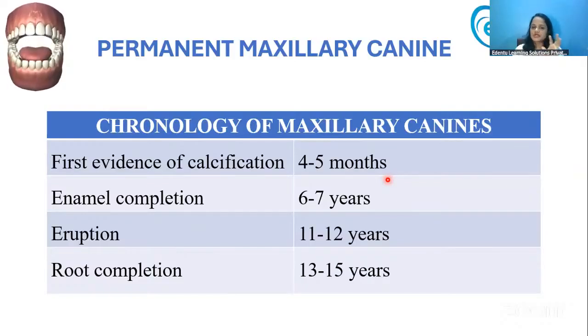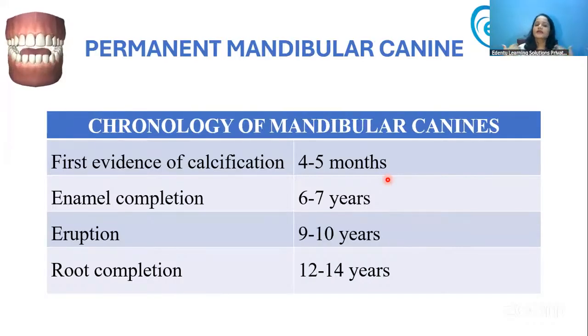But the eruption time is where there is a difference between the maxillary and the mandibular canines. The eruption for the maxillary canines happens around 11 to 12 years. A little bit late. But mandibular canines erupt a little bit faster. By 10 years itself, the mandibular canine will erupt into the oral cavity.